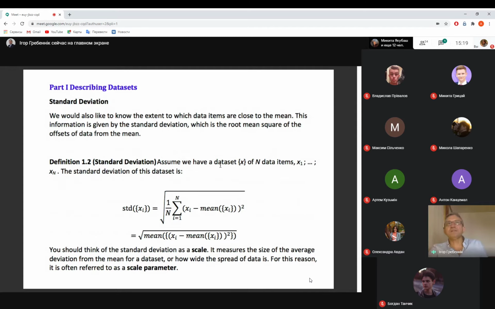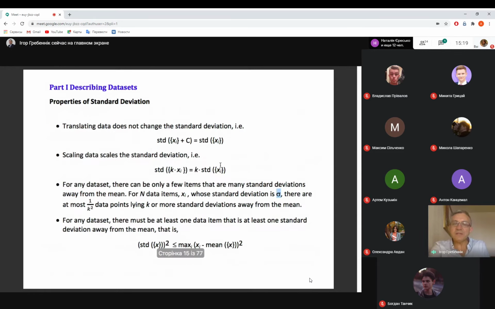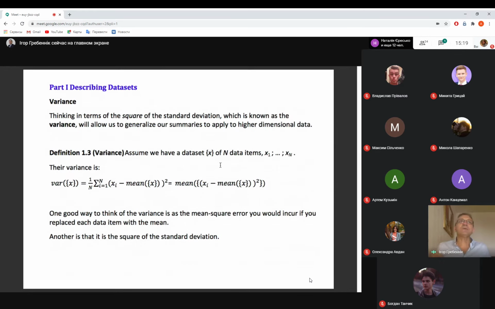If the data is represented in dollars, the standard deviation is represented in dollars as well. But variance will be represented in square of dollars. And we should understand that these two characteristics of distribution of elements of data set around the mean are different scale characteristics.